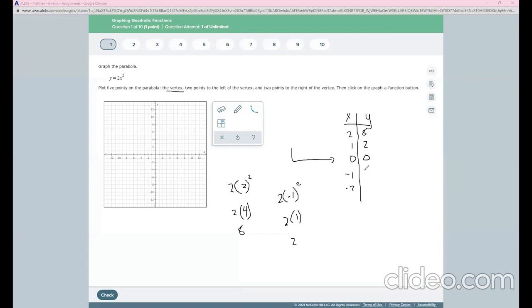So when I put -1 in, it gave me 2. The negative multiplied to itself and became positive. And the same thing with -2. If we put a -2, I'm going to switch the +2 into a -2. So -2 squared means -2 times -2. Take the number and multiply it to itself. So -2 times -2 gives me +4. Then +4 times 2 gives me 8.